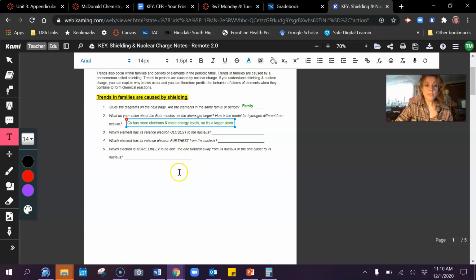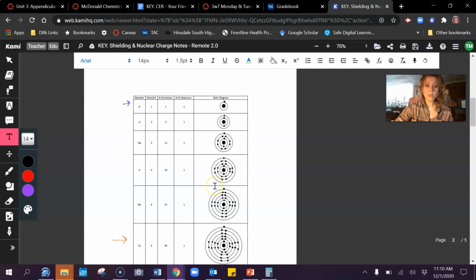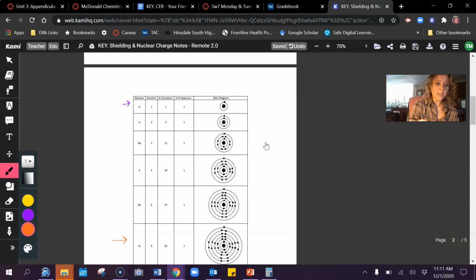Okay, so questions number 3 and 4 are asking us which element, and again, remember we're talking about hydrogen and cesium, which element has its valence electron closer to the nucleus and which one has its valence electron further from the nucleus? Well, all you have to do is take a look at our drawing here, at our Bohr model. So here's the valence electron for hydrogen, and remember that valence electrons are the electrons that are found in the outermost shell.